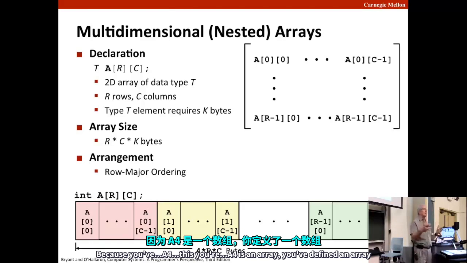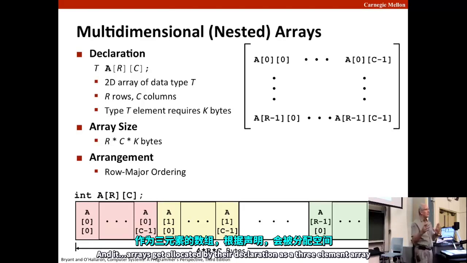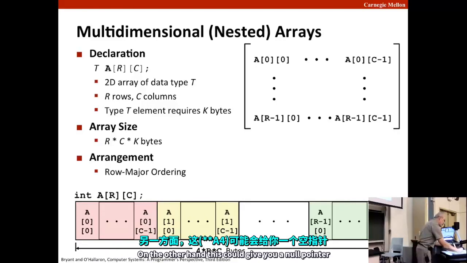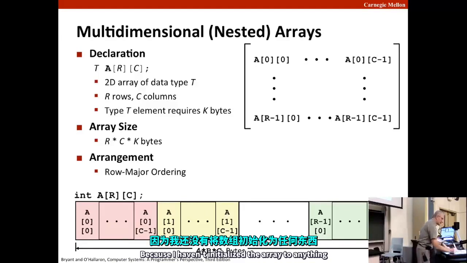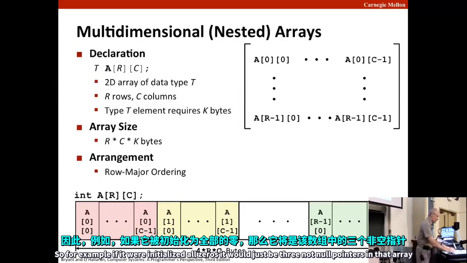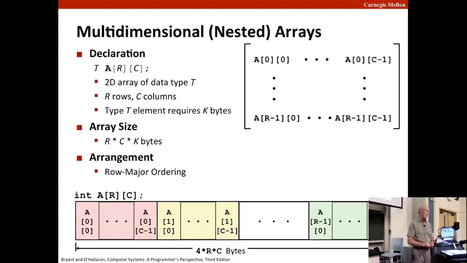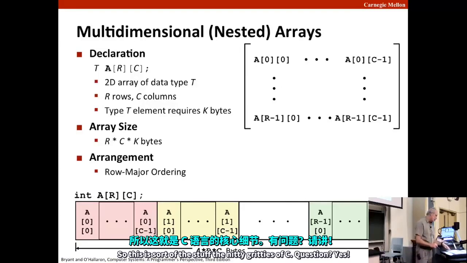You've defined an array, and arrays get allocated by their declaration as a 3-element array. On the other hand, this could give you a null pointer because I haven't initialized the array to anything. So, for example, if it were initialized to all zeros, it would just be 3 null pointers in that array. So this is sort of the nitty-gritties of C.